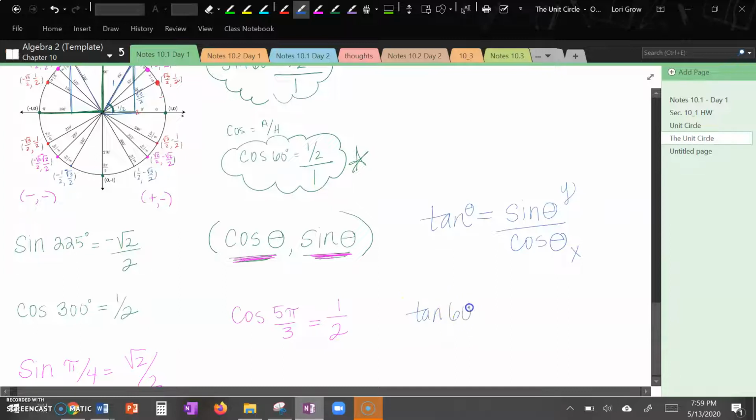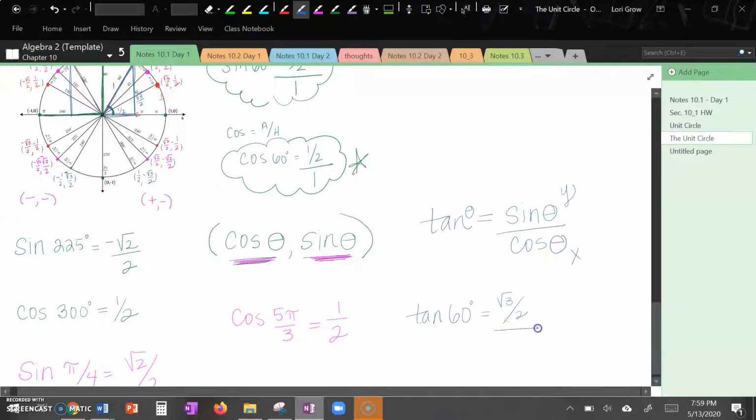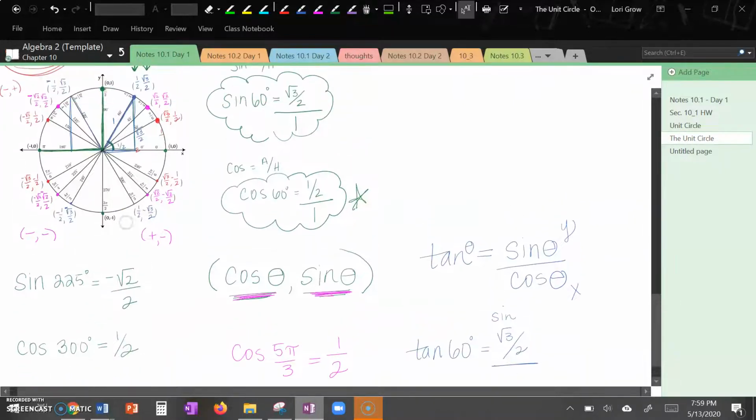of 60 degrees. If you look for 60 degrees on your unit circle, it's right here. The sine is the y value, so the y value is root 3 over 2. And I divide that by the cosine, right? This is the sine. And I'm dividing by the cosine, which is the x-coordinate of 60 degrees, which is 1/2.